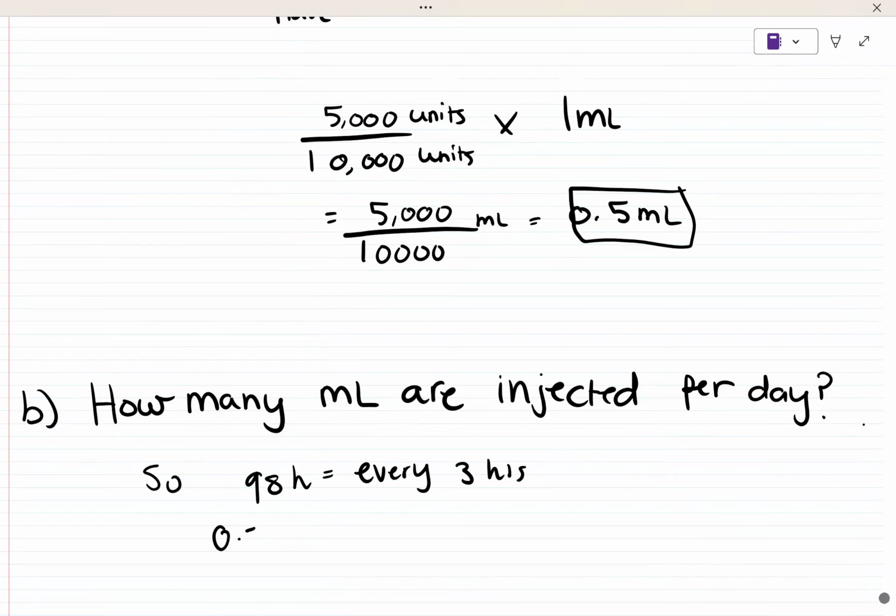We have 0.5 milliliters from the answer to part A, injected three times, so times three, you get 1.5 milliliters each day.